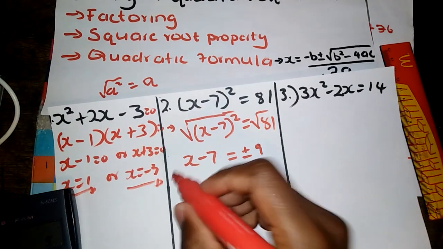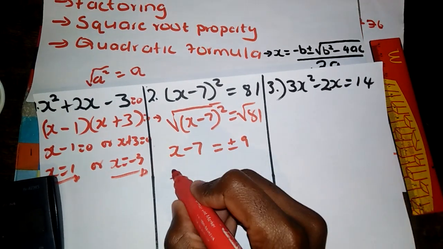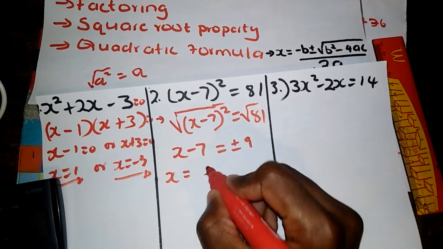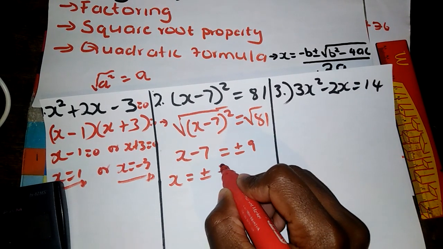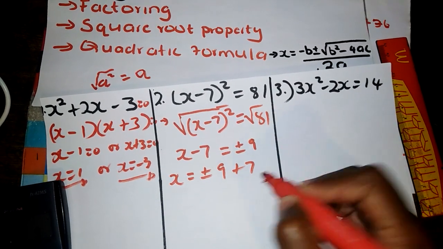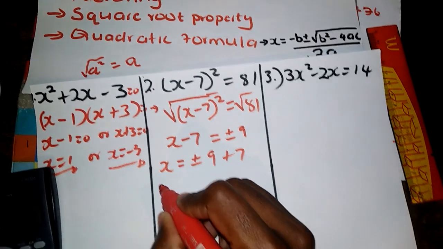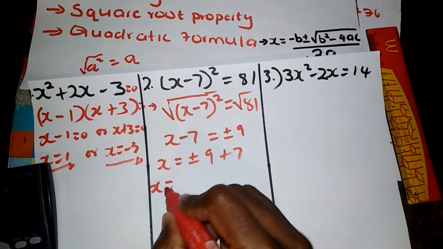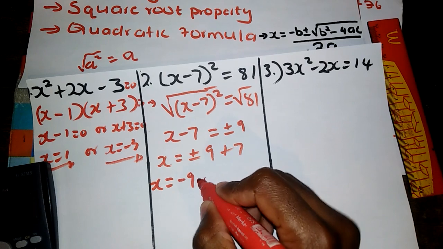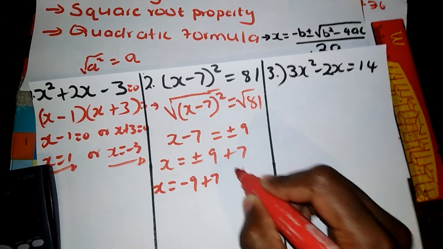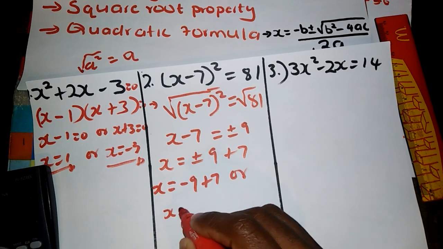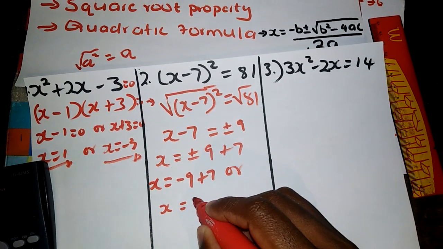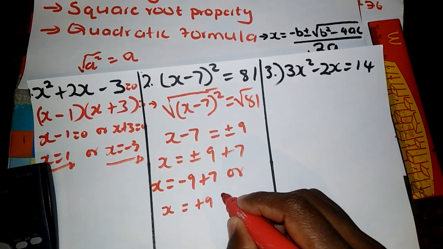So here now you're going to transpose 7. You're going to transpose 7, and it becomes positive. Then you're going to say x equals minus 9 plus 7, or x equals plus 9 plus 7.